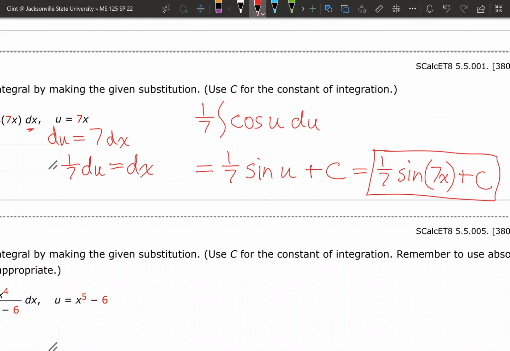Okay. Question on that one? No, probably what I'll do is put this in the instructions at the beginning of the section.